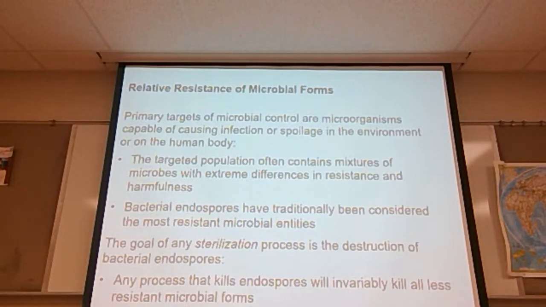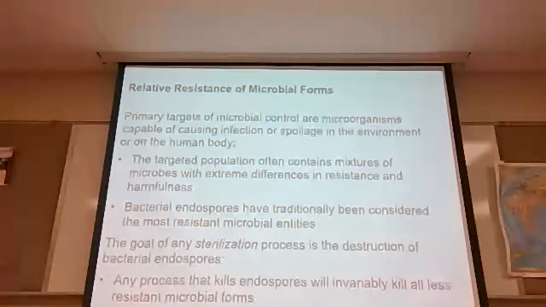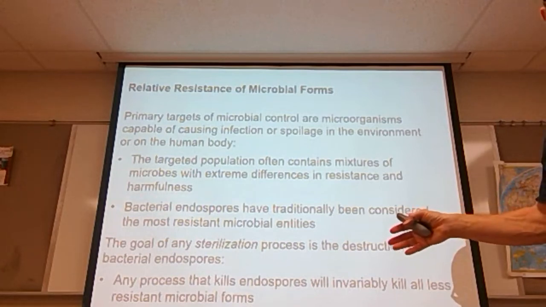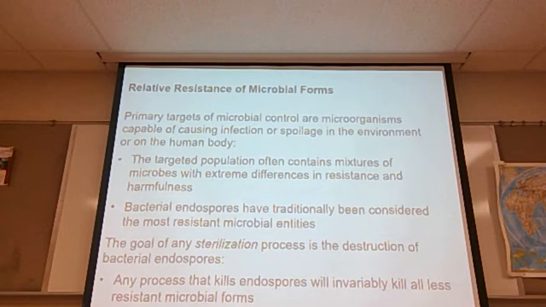Bacterial endospores have traditionally been considered the most resistant microbial entities. Many of the things that we use, the endospores of certain groups of bacteria are the ones they are absolutely targeting. The idea is if we can get rid of these things, then everything else is going to be taken care of as well.